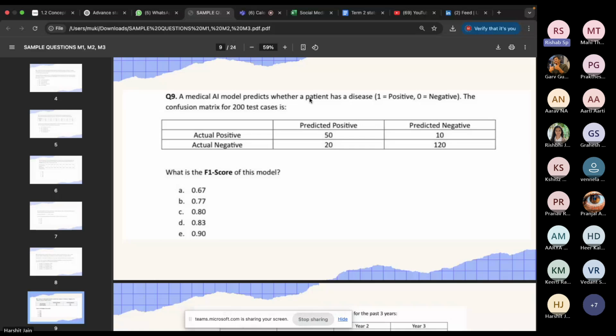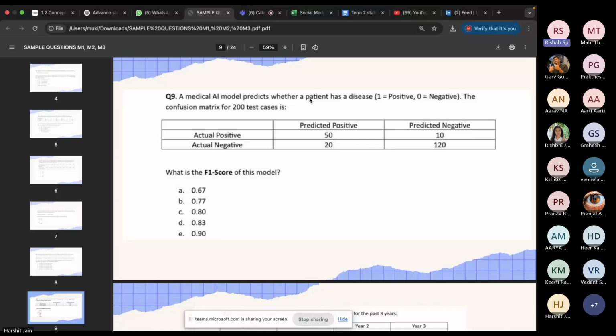F1 score is equal to 2 into precision into recall divided by recall plus precision. Precision is TP divided by the first column sum. Recall is TP divided by the sum of the first row. Put that into the equation.